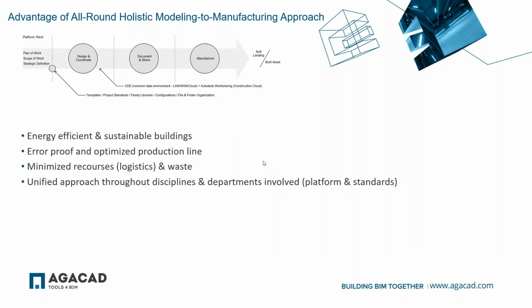So I guess there are a few advantages I would like to name. We're looking at an all-round holistic modeling-to-manufacturing approach from the very beginning to the very end, and pretty much bringing things onto the site. So it would help you in the energy efficiency and sustainability of buildings department, if you could call that.